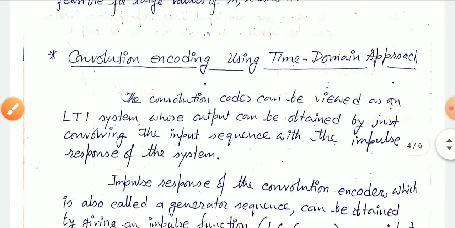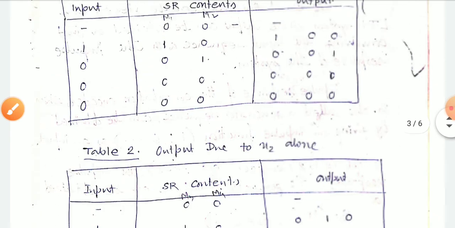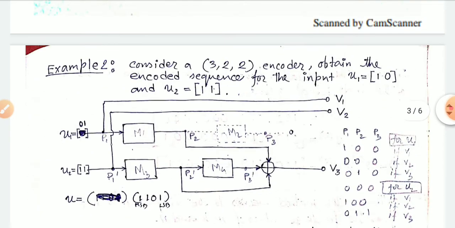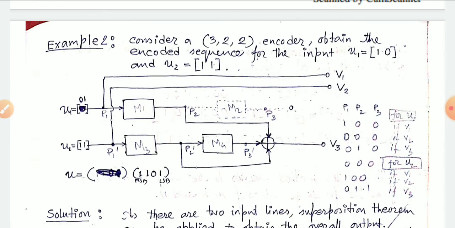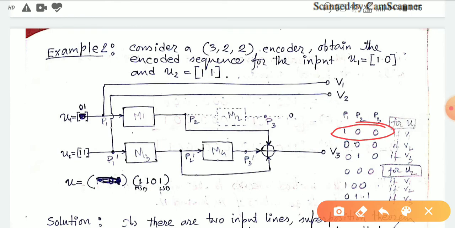For this example, this is defined as g1. For u1, this is defined as 100. For g2 it is defined as 100, and for g3 it is defined as 010.